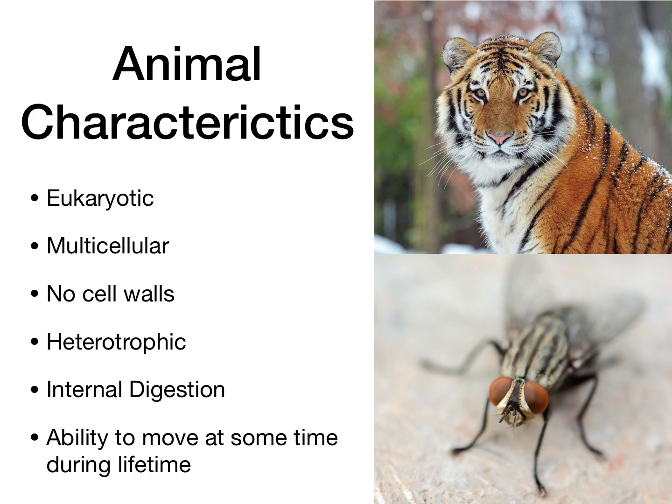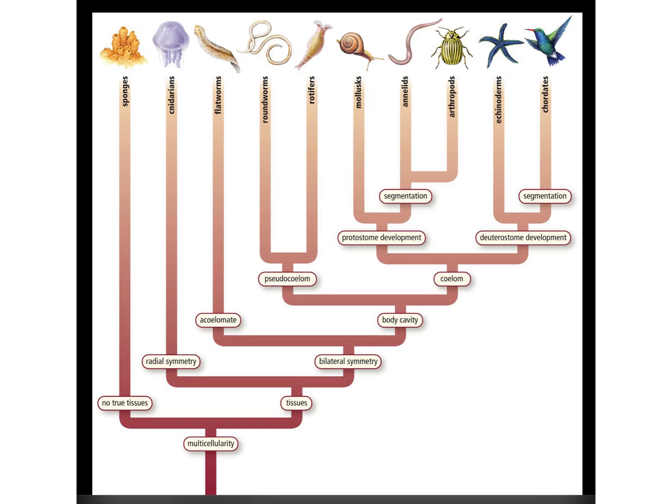And then it says at some time in their lifetime, which kind of implies that they don't necessarily move their entire lifetime, which is definitely true. This is a phylogenetic tree of animals, and you see lots of features at the nodes here pointing out key characteristics, and the vocabulary activity and this video should help you have a pretty good understanding of that.